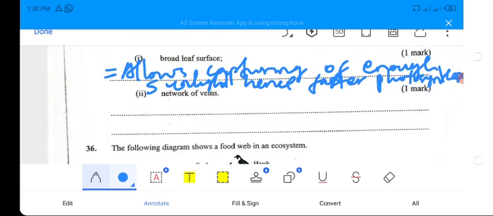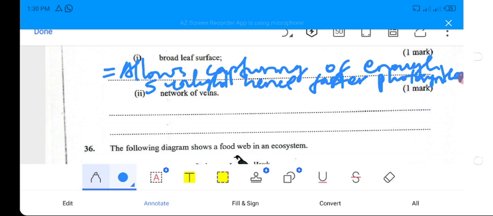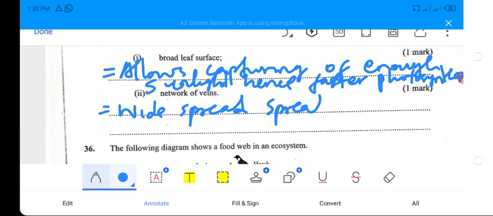Network veins are widespread on the leaf.